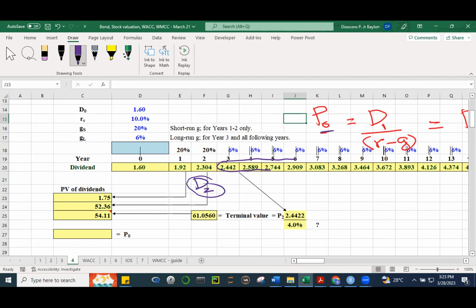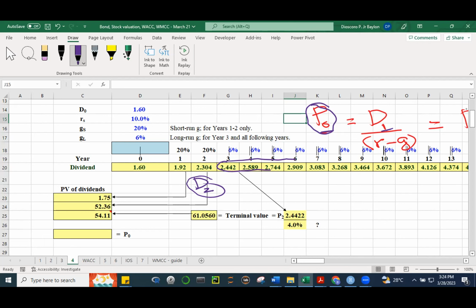Assuming that the constant growth rate starts at period 1, then you can compute the price at period 0 by using this formula: D1, where period 1 is where the constant growth rate starts, divided by the required return minus the growth rate.